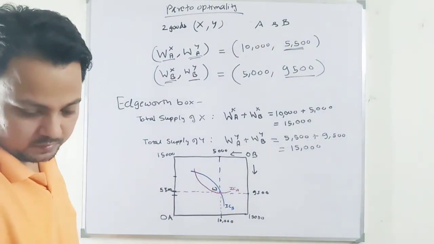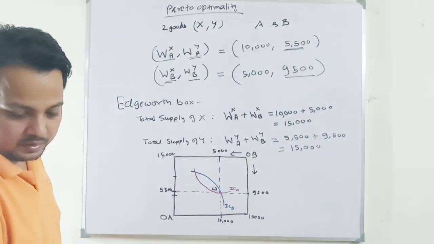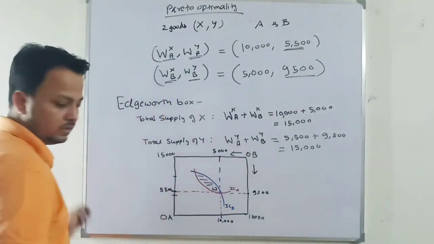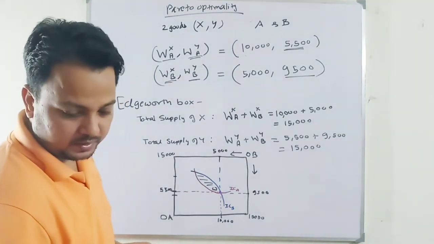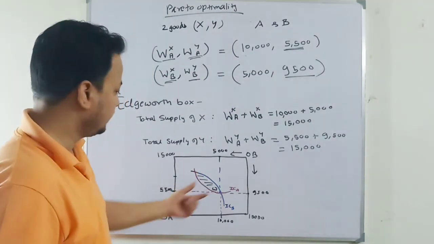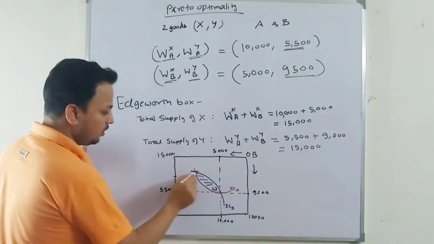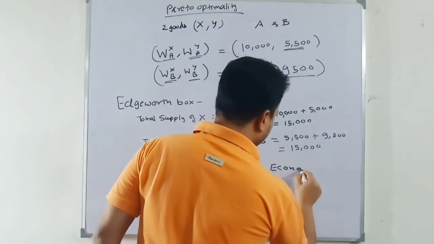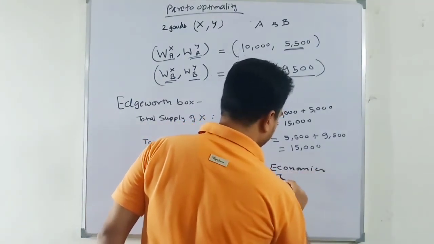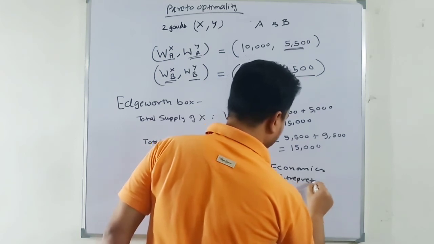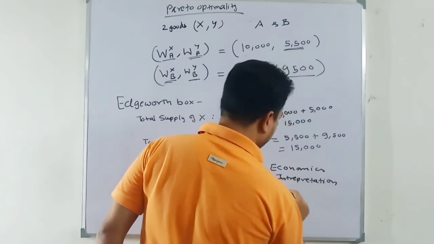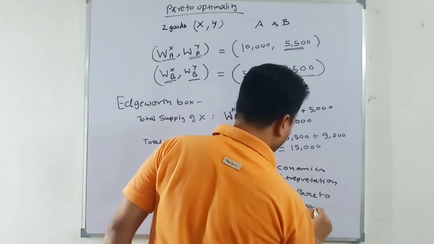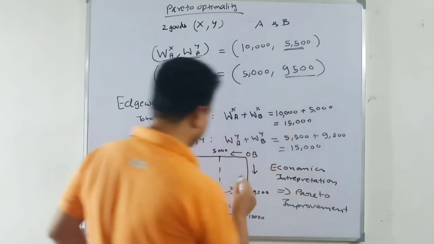Then the third question: when the indifference curves pass through the initial endowment, they form a lens. So this lens is formed. What is the economic interpretation of this lens? The economic interpretation is that a Pareto improvement is possible around this lens.